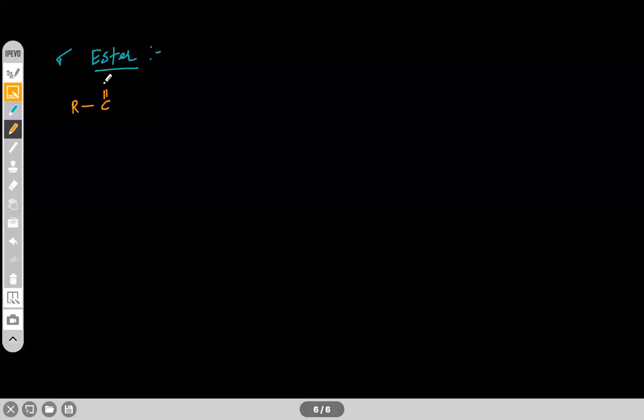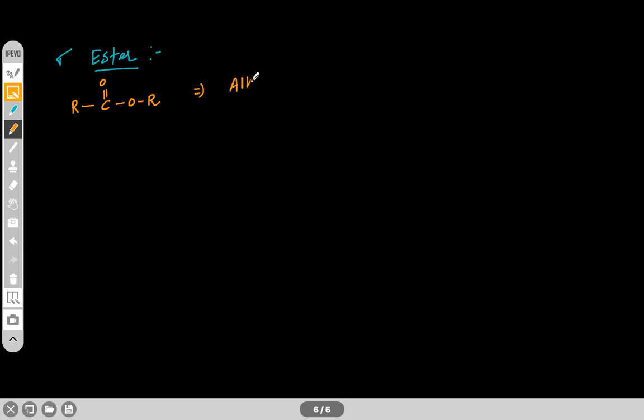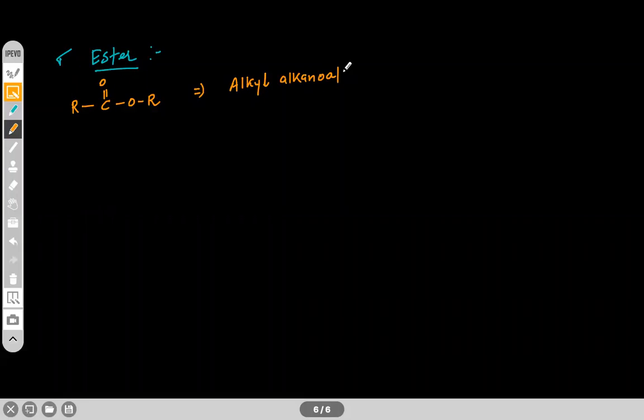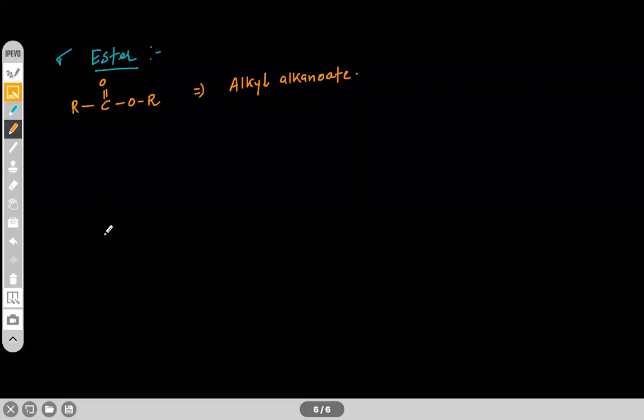Next is ester. Ester, the functional group is this. Okay, and the name of this compound, we write alkyl alkanoate.